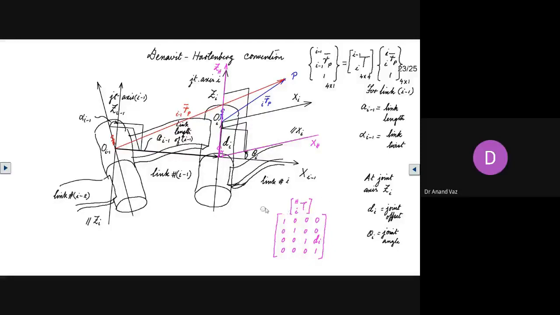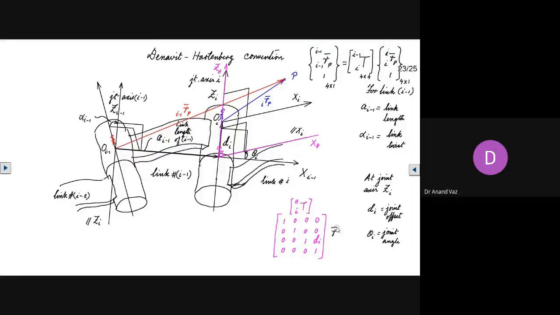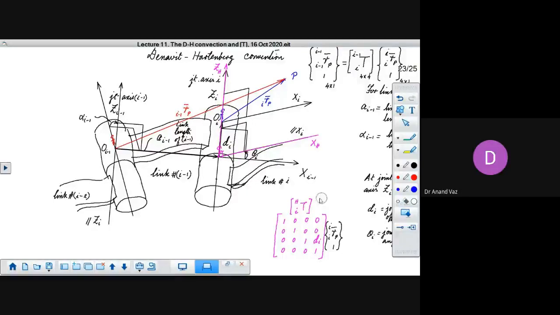So when you operate on the vector Rp with respect to I, expressed in I, augmented with 1, when you operate on this 4 by 1, you will get the position of the vector in frame H, observed and expressed in frame H. In fact, I shouldn't be writing even this over here.